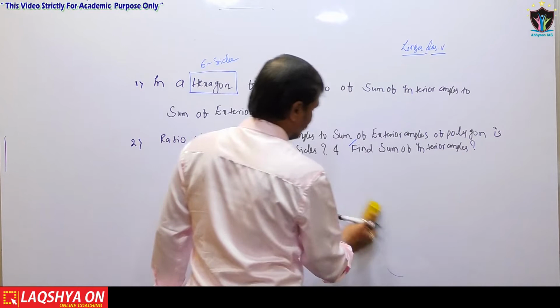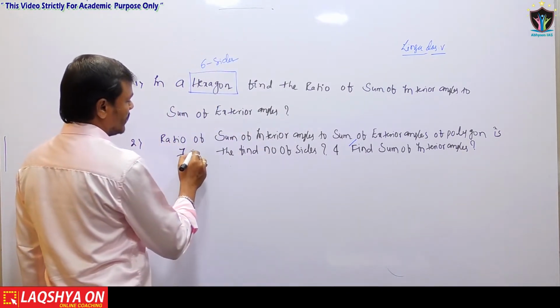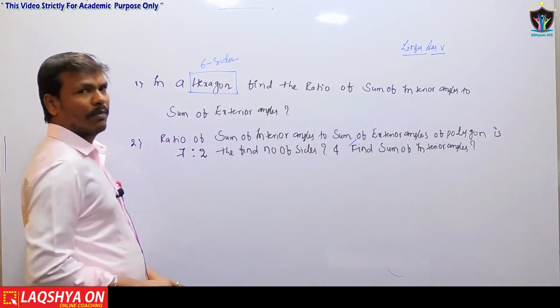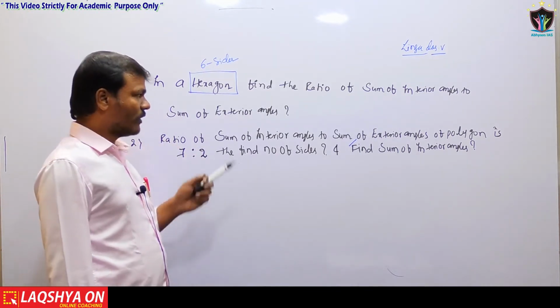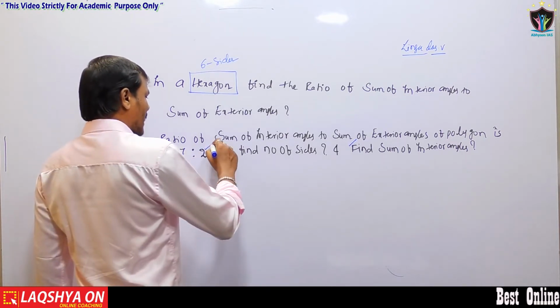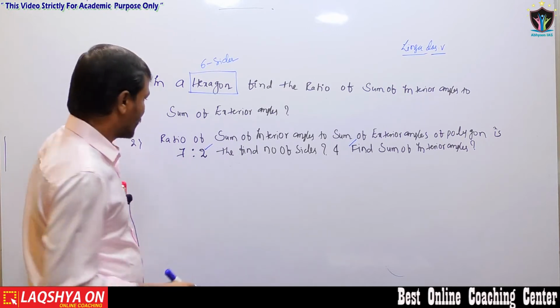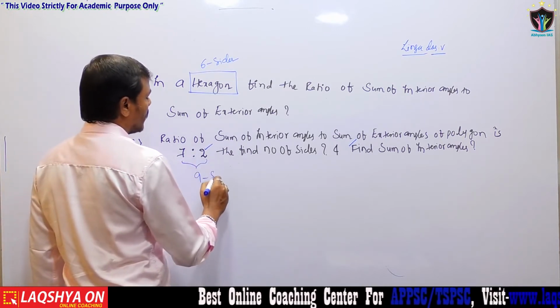Same question, if the ratio is changed to 7:2, find the number of sides. You observe the ratio of sum of interior angles to sum of exterior angles. The exterior part is constant as 2. If it is 2, no need to change. So it is a 9-sided polygon.